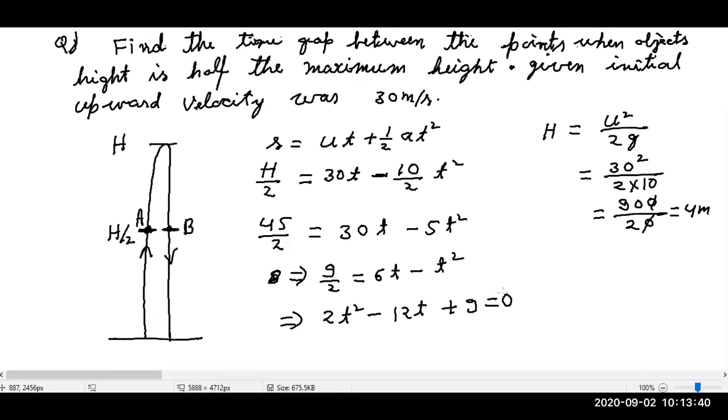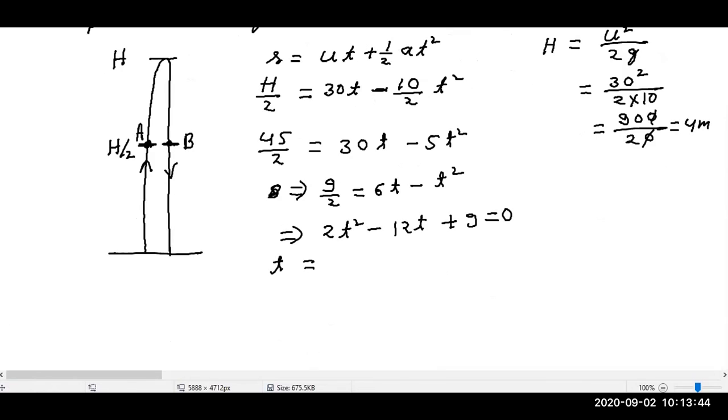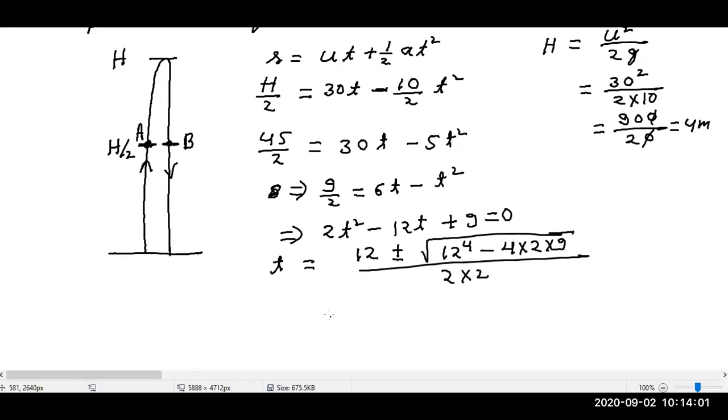So this is the final expression, and we will have 2 different times. So if you solve this quadratic equation, the 2 times will be 12 plus minus root of 12 square minus 4 into 2 into 9, divided by 2 into 2.